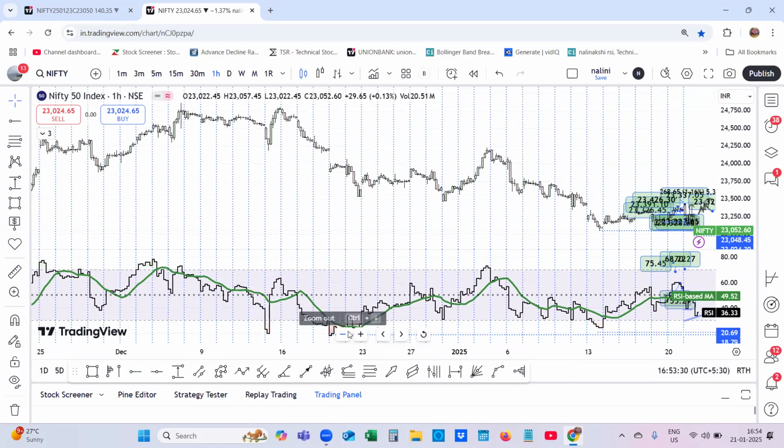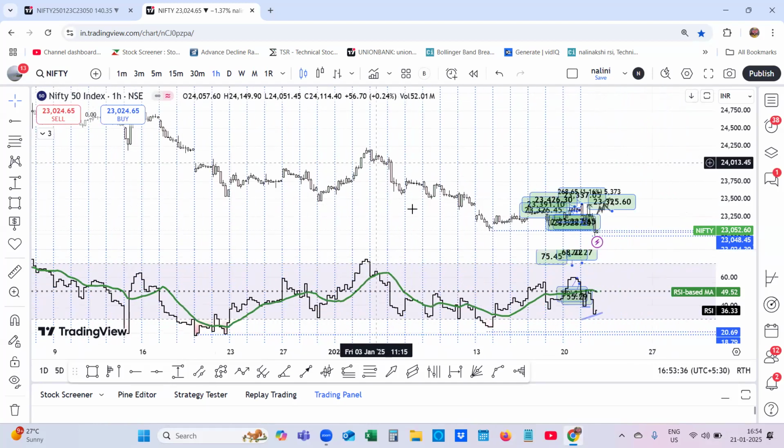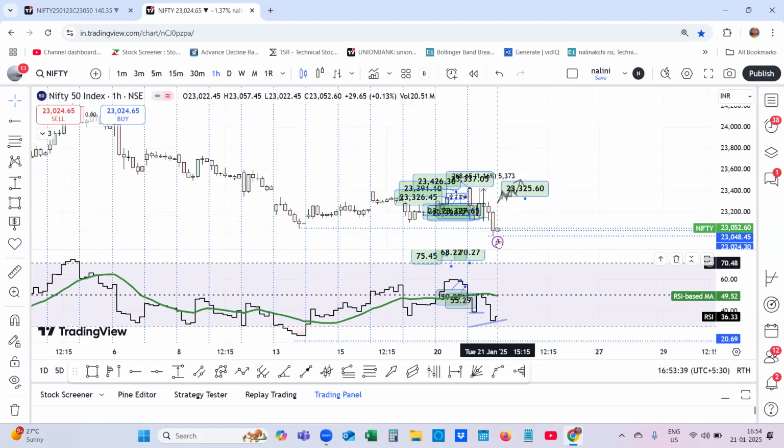So here, the pattern formation here, later the market had rallied. Now it has come down below this price level, and RSI, you need to anchor the RSI reading here, 25.12.